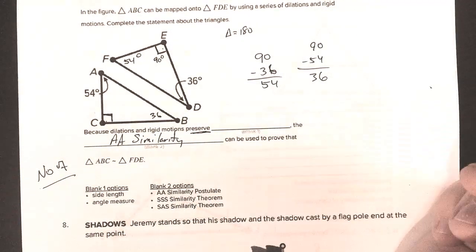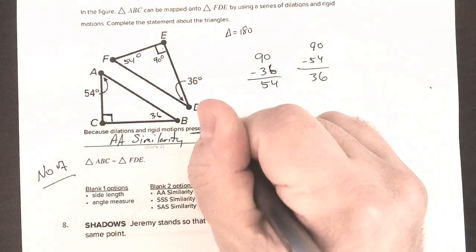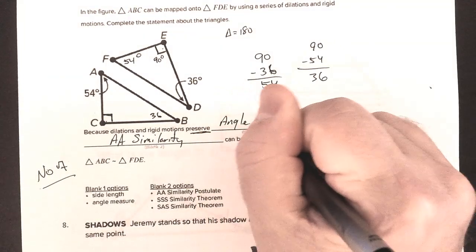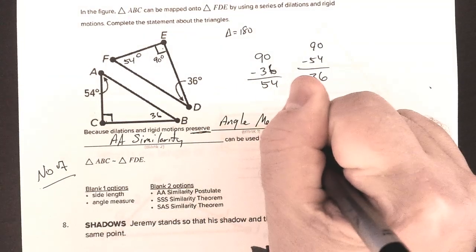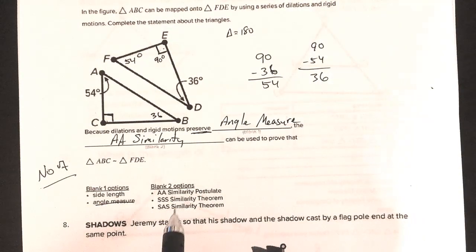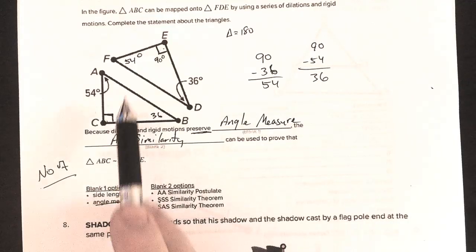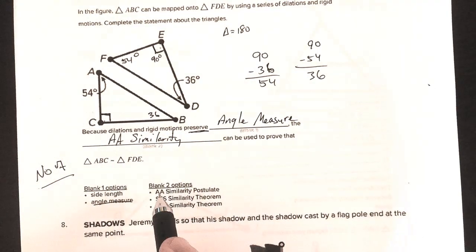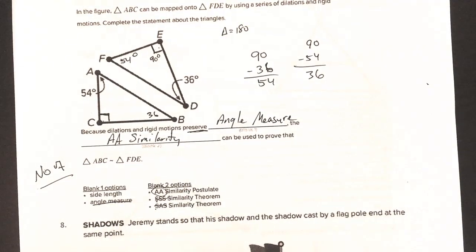So preserve means to stay the same, and those are angle measures. Notice, this has S and this has an S. There's no talk about sides, so you could really come down here and say nope, nope, and that would have left this one. So just little tricks. So no number 7. Number 8.